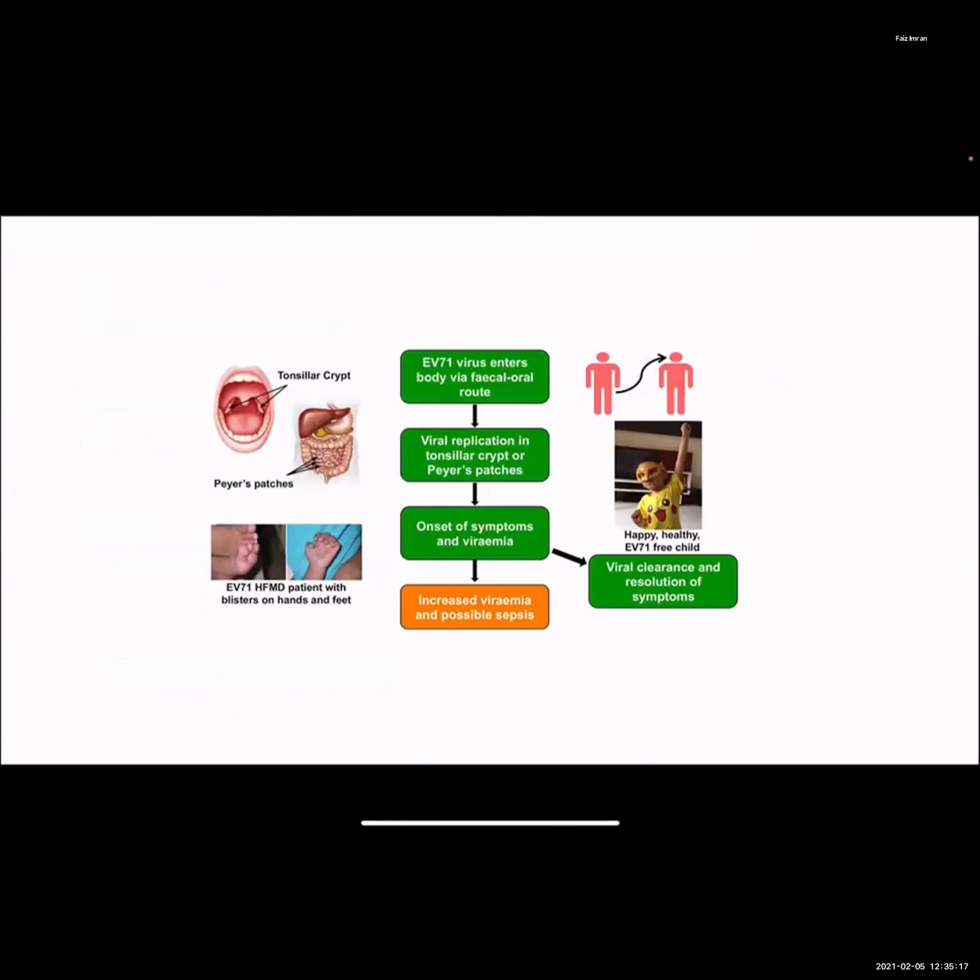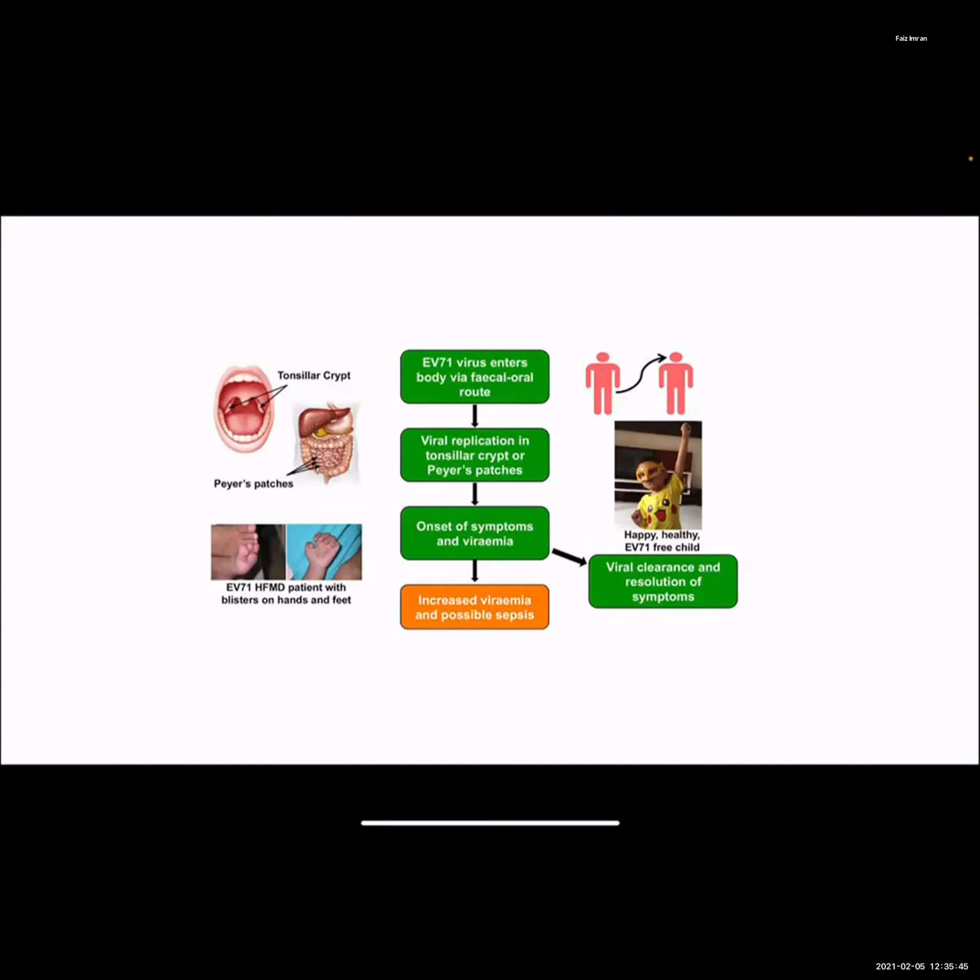But when it comes to hand-foot-mouth disease, what happens basically is that it's usually fecal-oral transmission. And what do I mean by fecal-oral? It usually means that you can come in mechanical contact with a person, you can come in contact with a contaminated object, or respiratory droplets could eventually infect you.